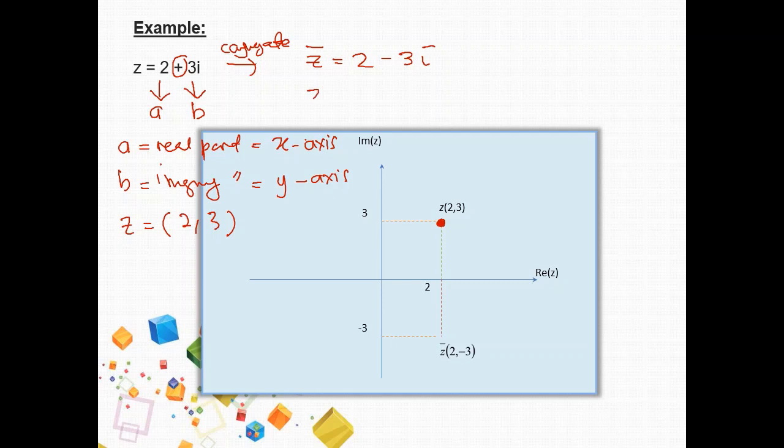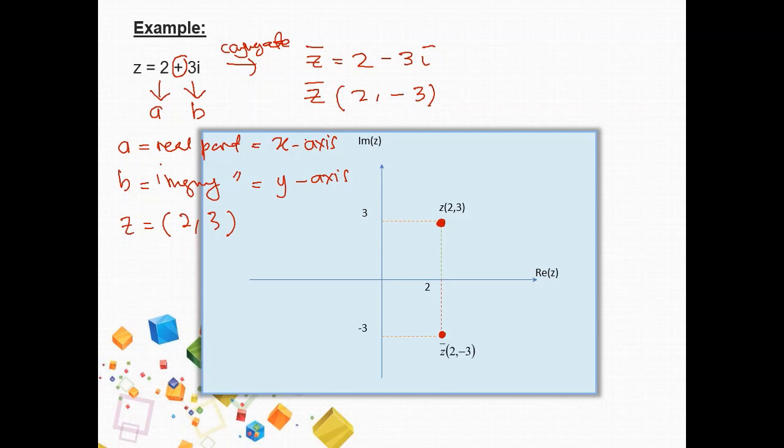Now the coordinate for the conjugate is (2, -3). So where is the point of the conjugate? It is 2 for our x and negative 3 for our y. So this is the point of our conjugate.